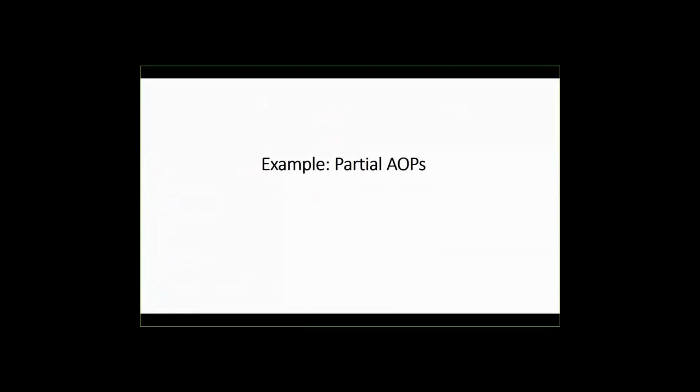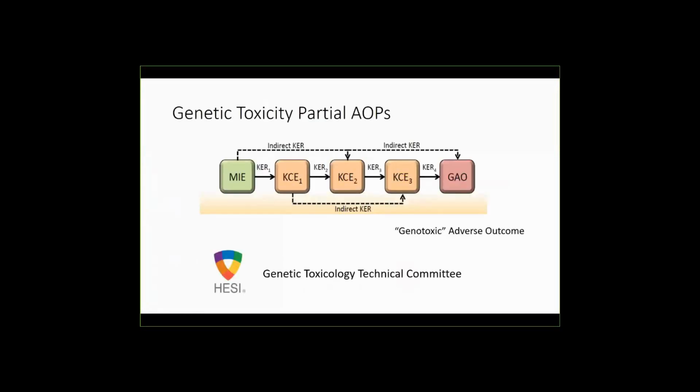Another example, as I talked about before, is partial AOPs. The Genetic Toxicology Technical Committee for HESI are experts in genotoxicity, but they don't feel they have the expertise in the population level. So they've created partial AOPs that lead from molecular initiating event up to what they call the genotoxic adverse outcome.